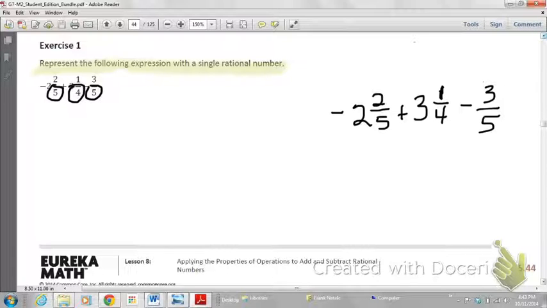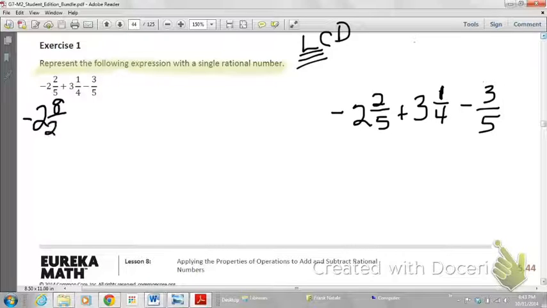But the first way we could do this is we could find a common denominator. So LCD, it's always good to go for the lowest common denominator, so you have to do less simplifying later on. I know right away it's 20, as a common denominator. So I'm just going to change this firstly to -2 and 8/20.